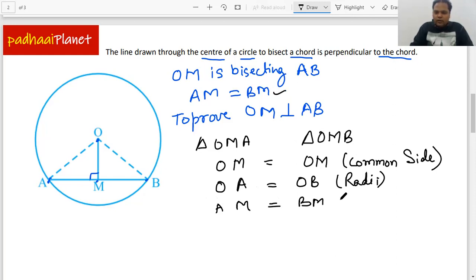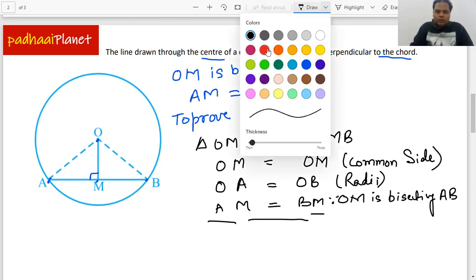Since OM is bisecting AB, having these three properties equal to each other, we can say that triangle OMA is congruent to triangle OMB.